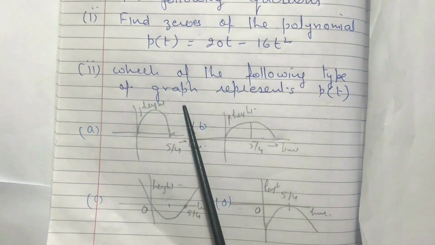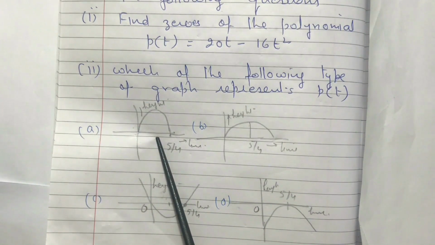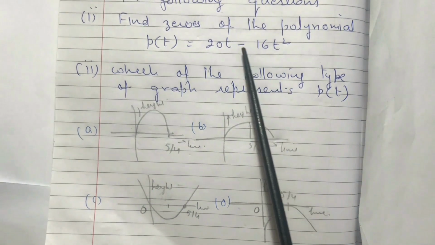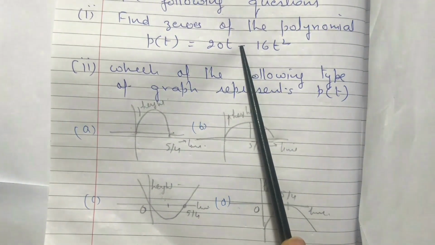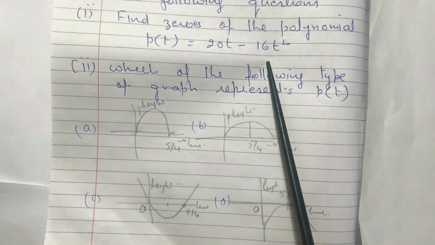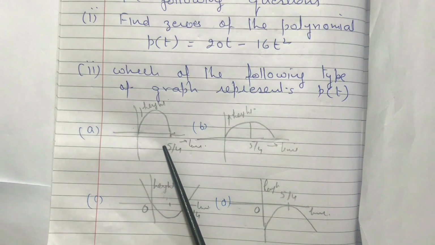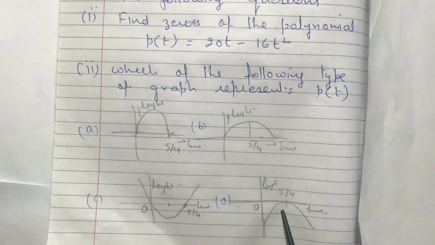Now which of the following type of graph represents p(t)? So this is the right answer. See how? Here the coefficient of t square is negative. Here a is negative, so the graph of this polynomial, which is a parabola, should be downward. So we see this one and this one.